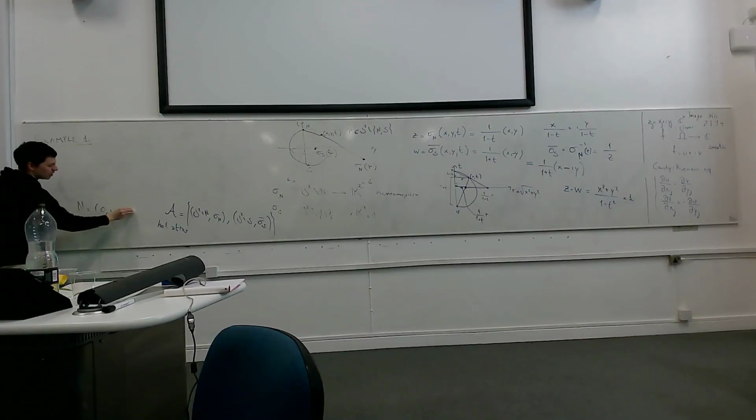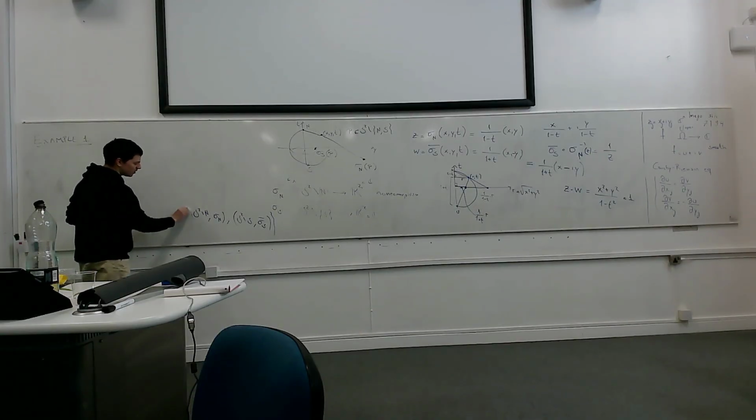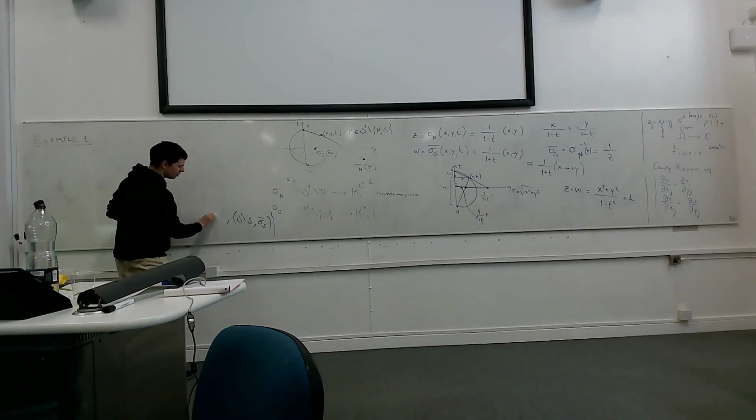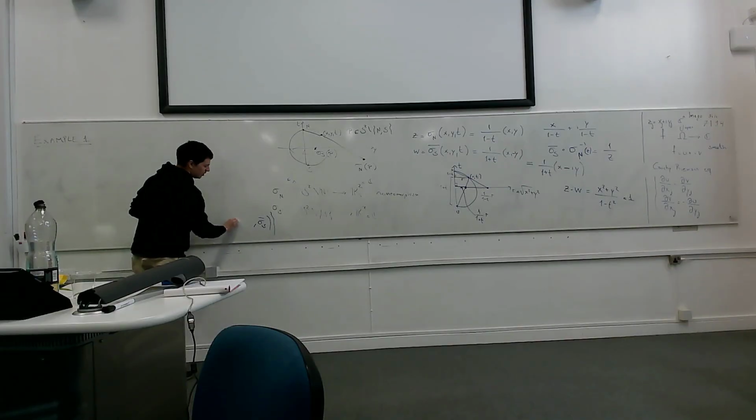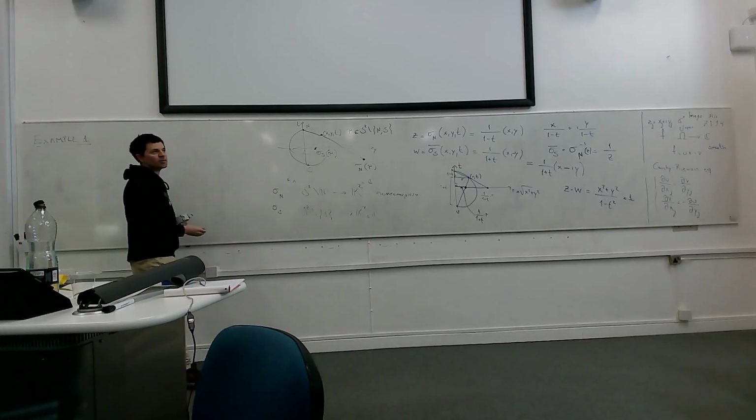The next example I want to discuss is a complex projective space, which is the analog of the sphere in complex geometry. We discussed the two-dimensional sphere, but in higher dimensions, spheres are not complex manifolds.